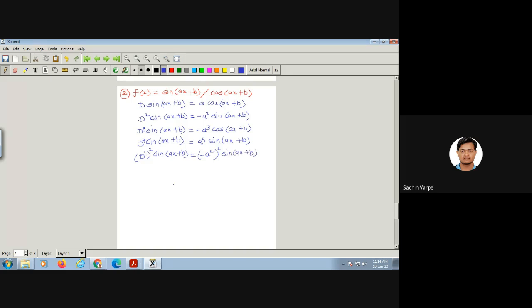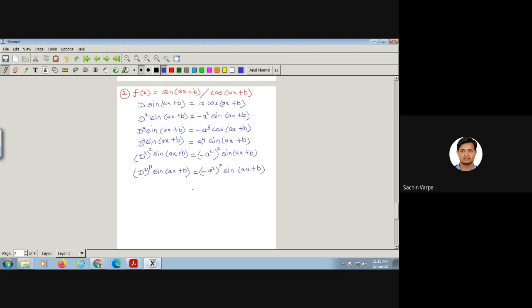Yes or no? If you go on taking derivatives, the even order derivatives will be of this form, minus a square and its power to be that order. Is it clear? So what does it mean? D square to any power of sine ax plus b will be equals to minus of a square to that power sine of ax plus b.